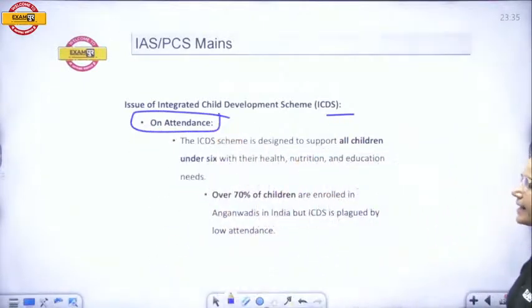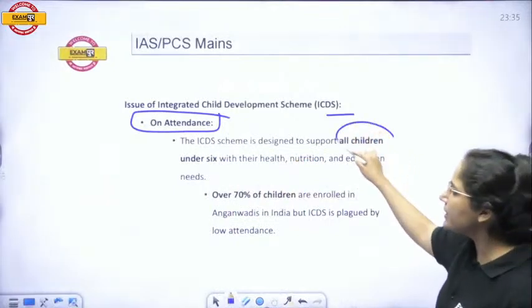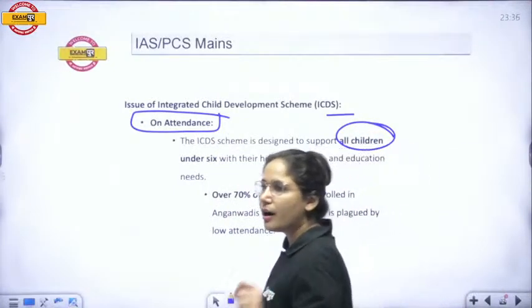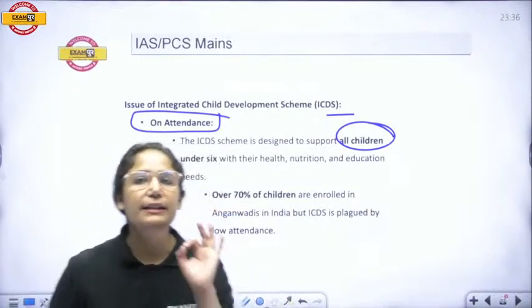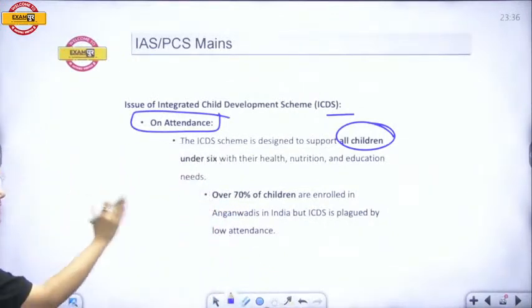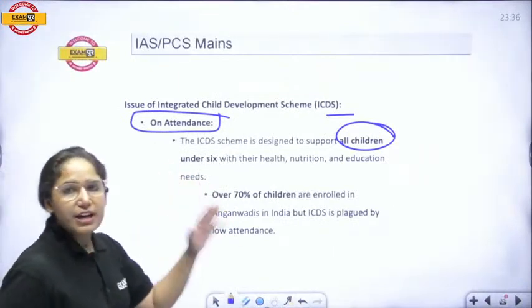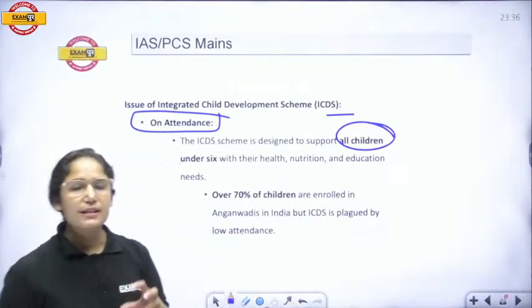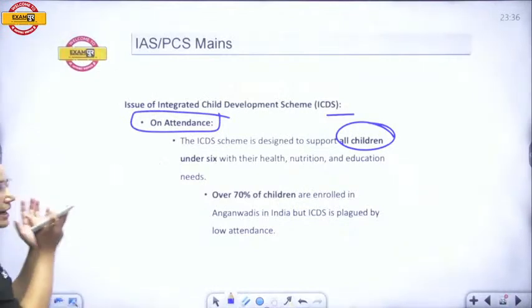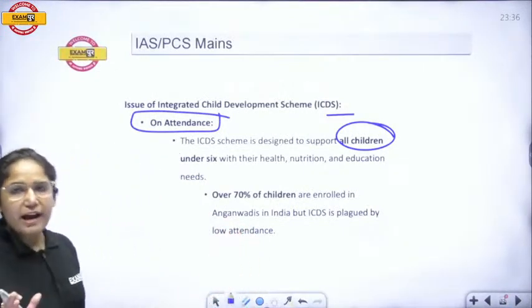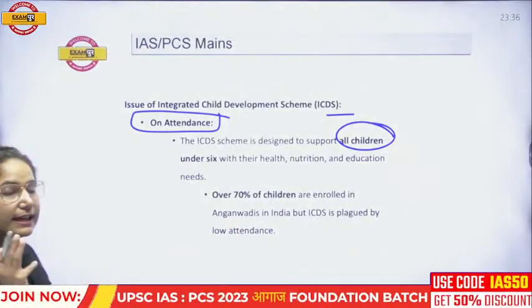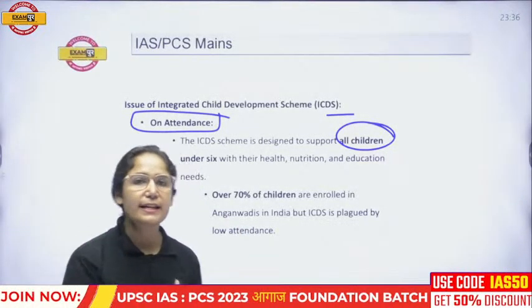The ICDS scheme is designed to support all children. You need to know about the components involved under the program. Since it is about child development services, what services are included and how many children are enrolled in the Anganwadi, you should have at least a glance at this topic.